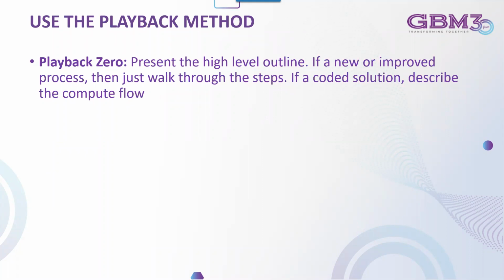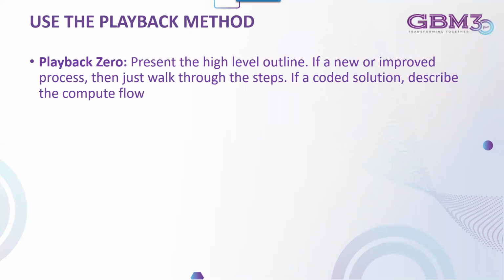Playback 0, very much almost like it's probably not much more than the elevator pitch or the one-page prospect that you have. If you're looking at improving branch processes, then you might just walk through the steps. You know, we've seen that you could do this and this, followed by this and that.